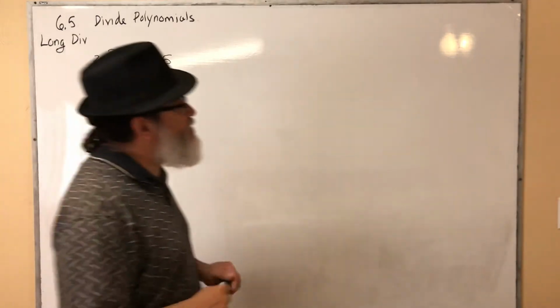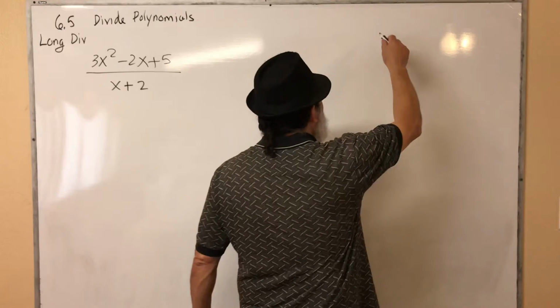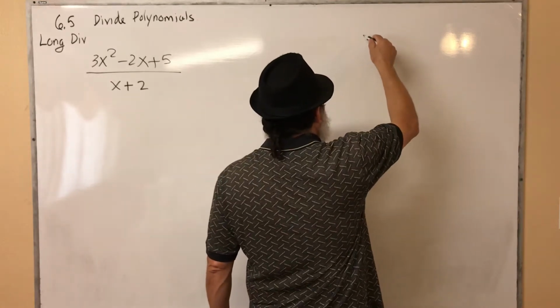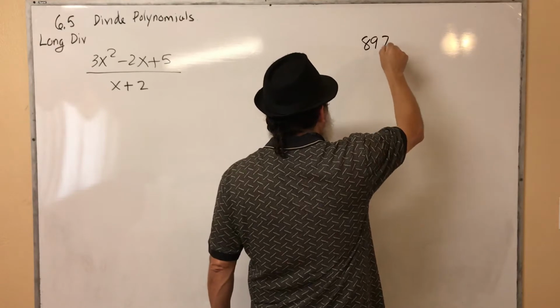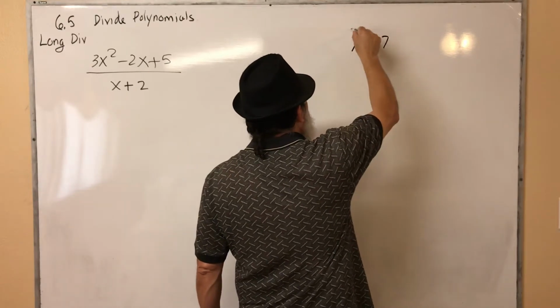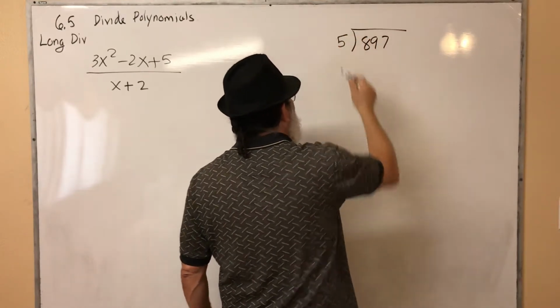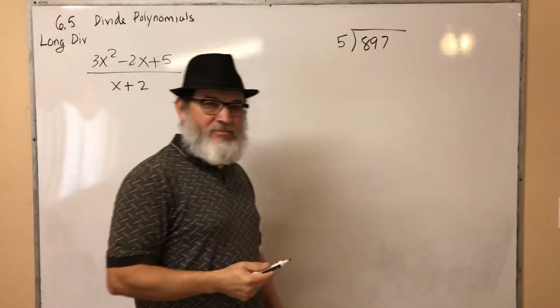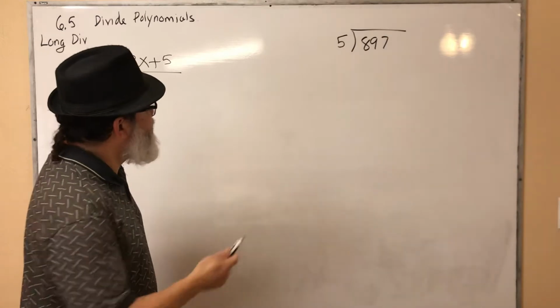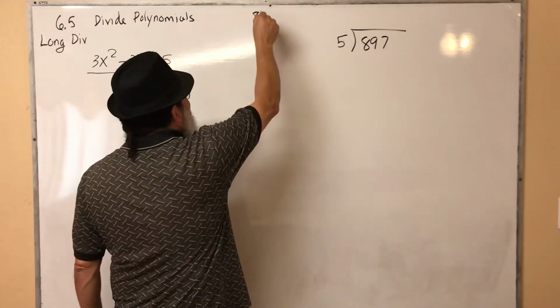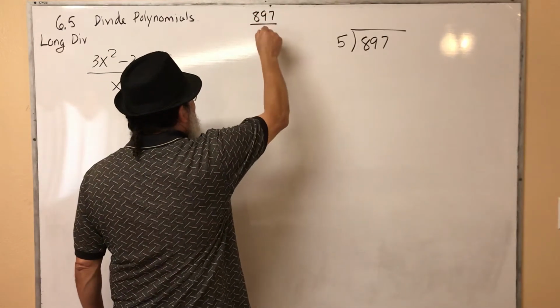If you guys remember this, 897 divided by 5. This is long division. Yep. That's long division. That's 897 divided by 5.